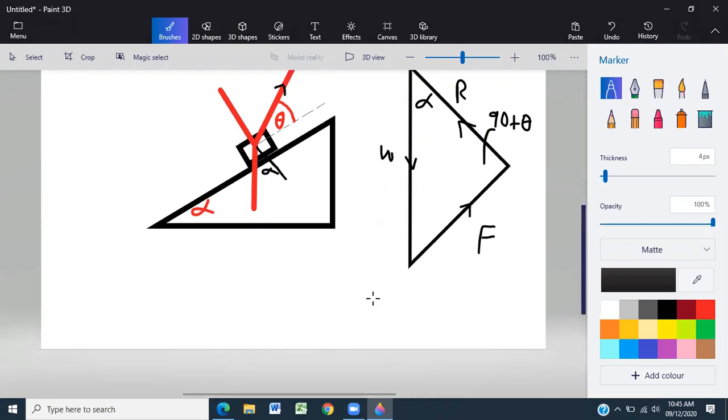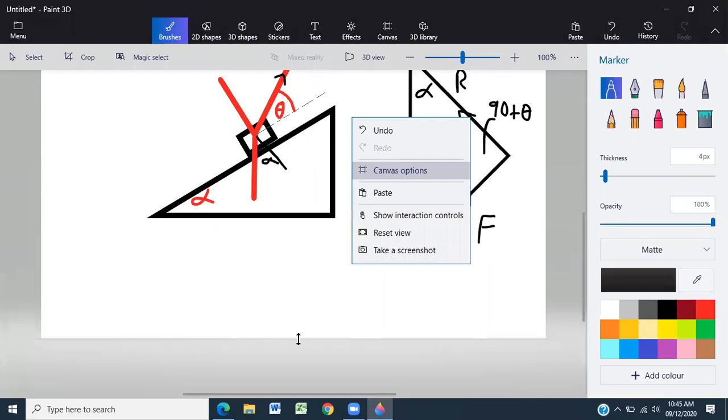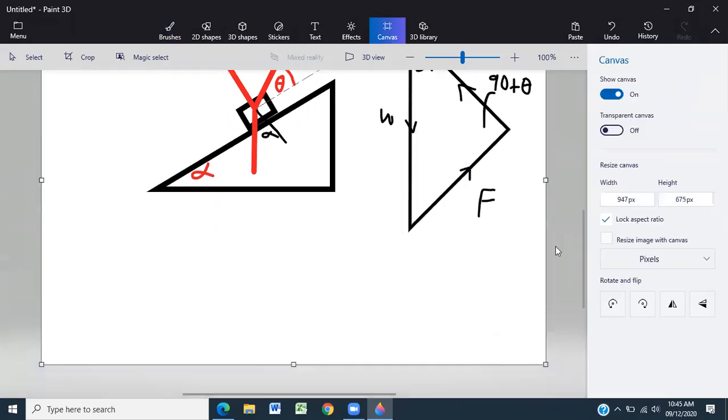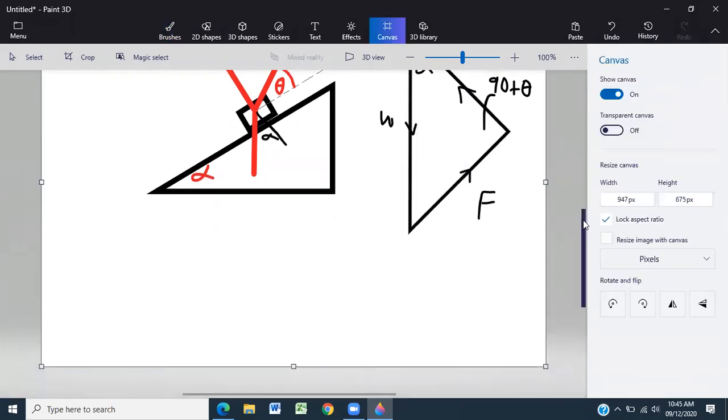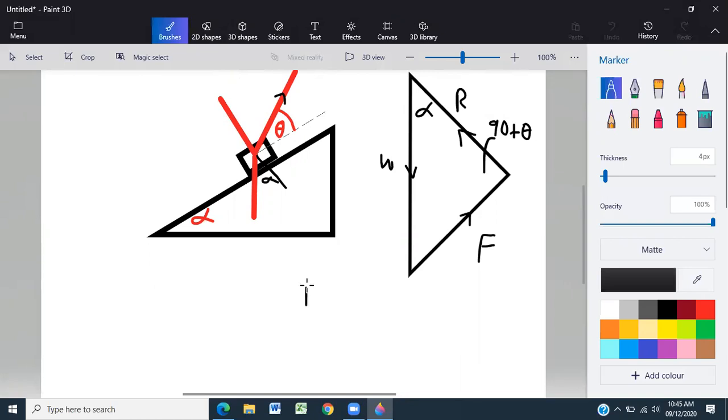This is a non-right angle triangle, so we should use the sine rule or cosine if you can, and try and solve for F. So F over sine alpha, right?